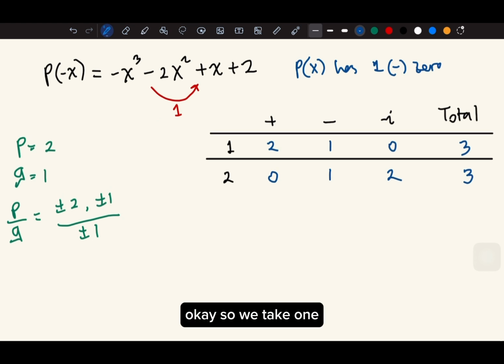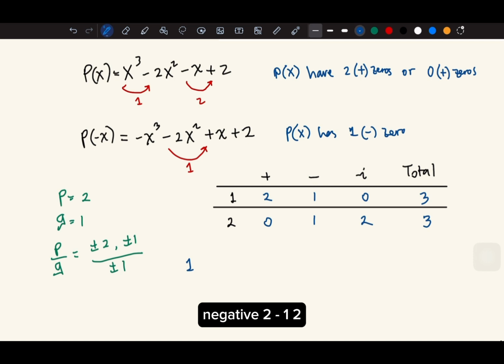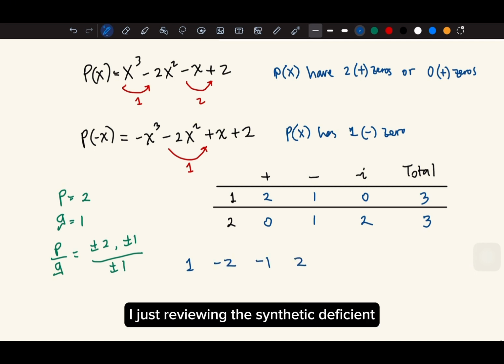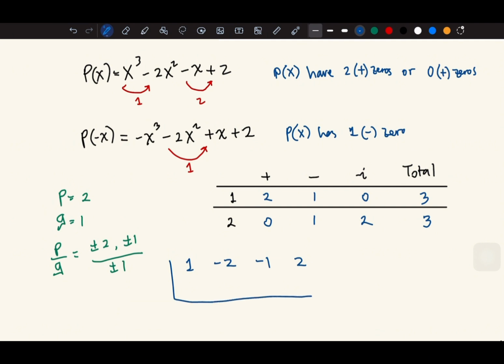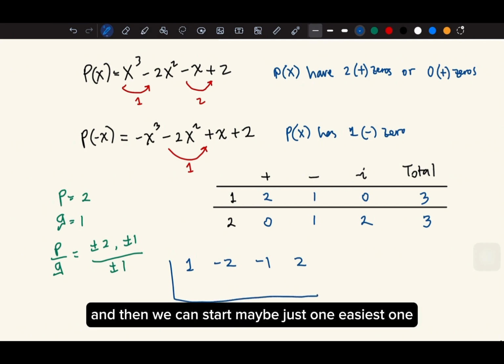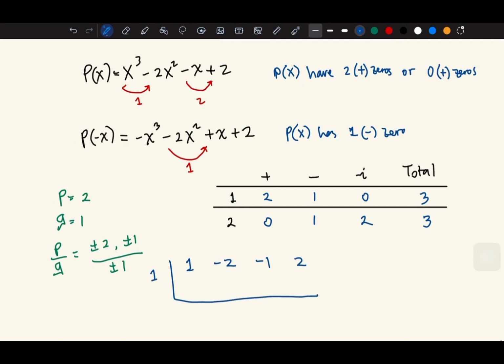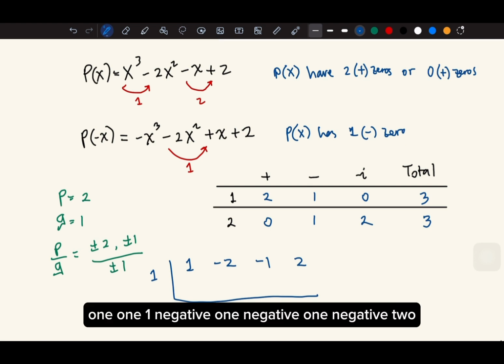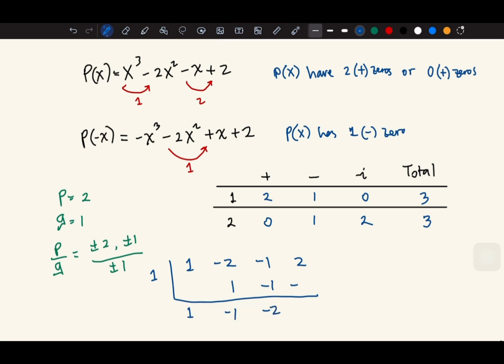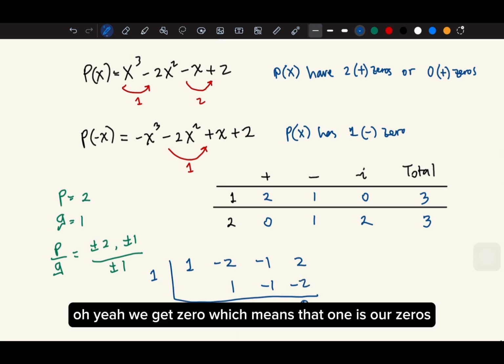So we take 1, -2, -1, 2, just reviewing the synthetic division. And then we can start with 1, the easiest one. 1, 1, 1, -1, -1, -2. Oh yeah, we get 0, which means that 1 is our zero.